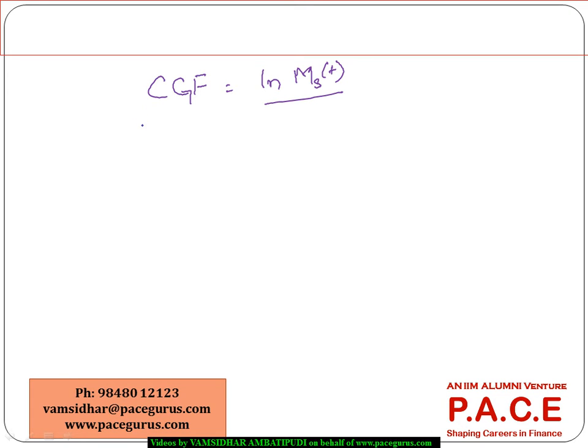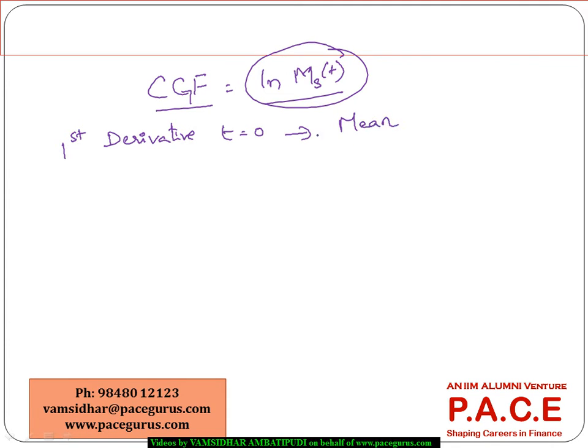Once I have created the cumulant generating function, I take the first derivative of the CGF at t equal to 0. I get the first moment, which is the mean. Then the second derivative at 0, I get the variance.